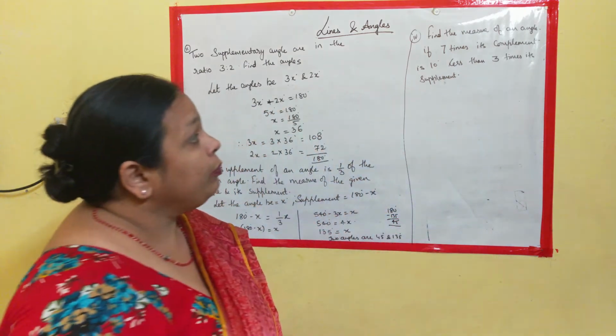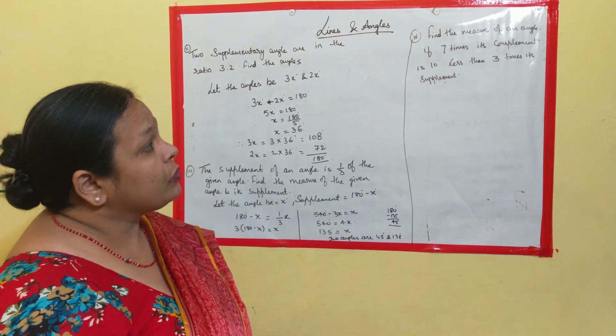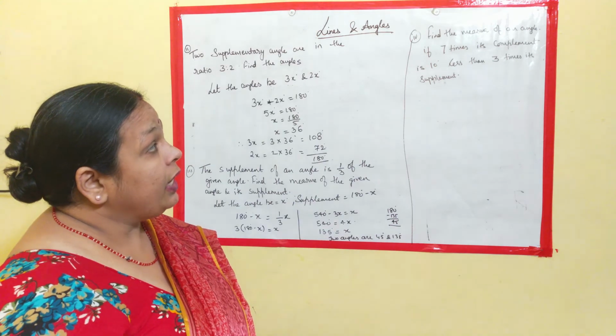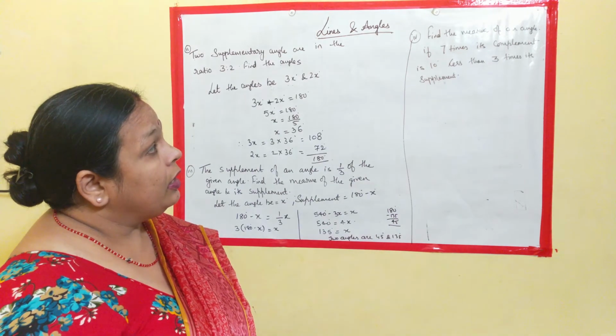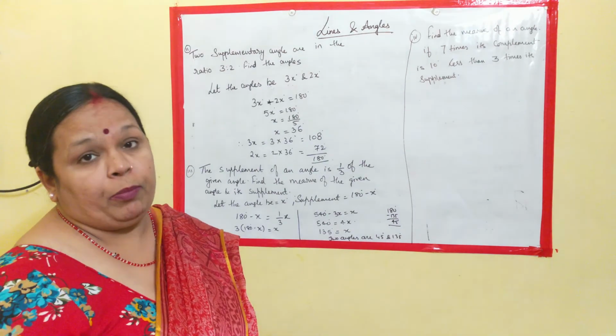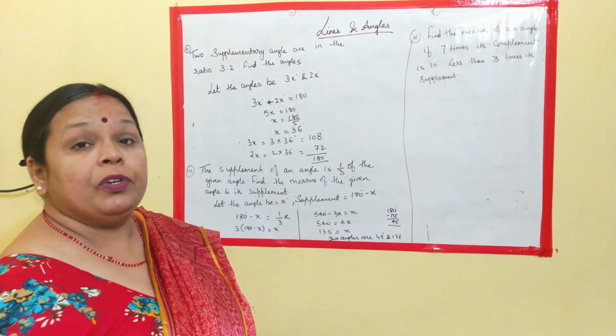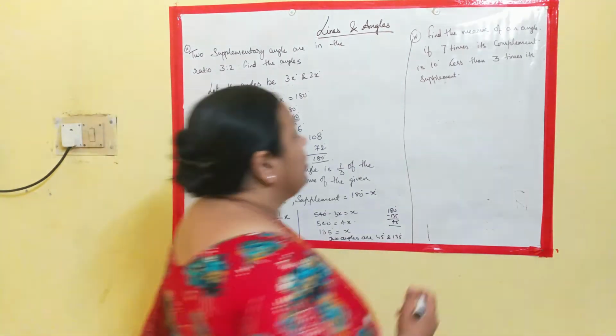So, find the measure of an angle if 7 times its complement is 10 degree less than 3 times its supplement. So, let's find first the complement and supplement.